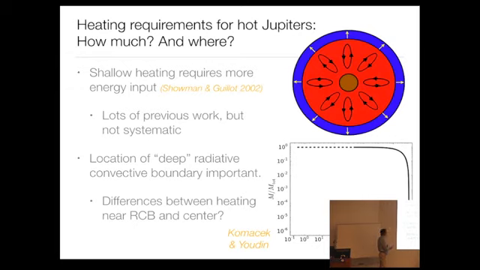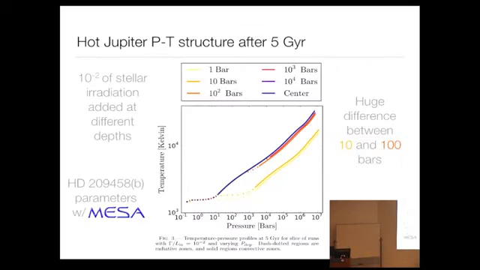One thing to emphasize is that when we talk about these deep convective layers, even when the convective layer is at 1,000 bars, basically the entire mass of the planet is still outside that zone. So even this deep heating is still very near the top of the planet.